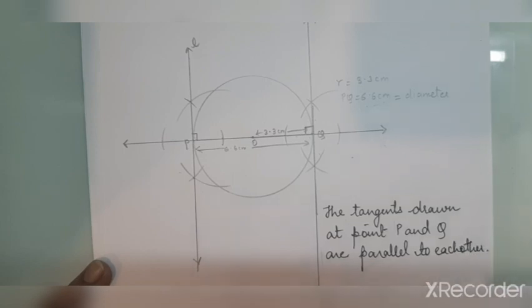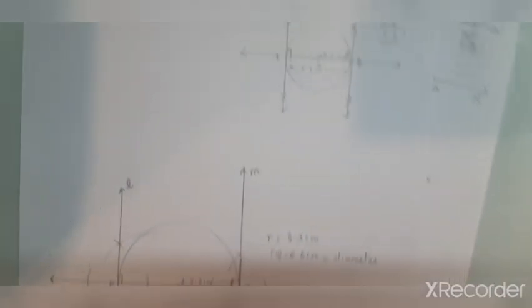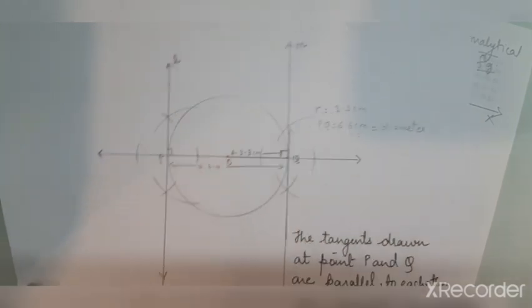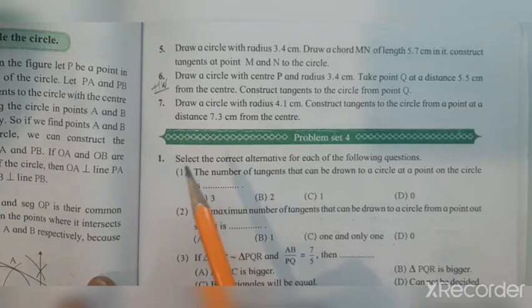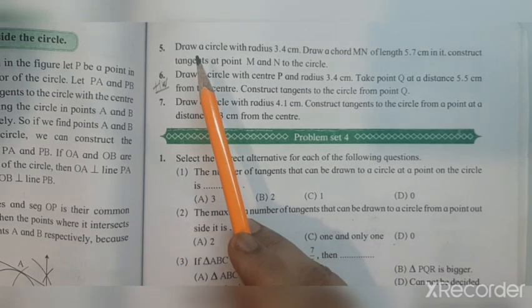Clear? So we are going to draw the analytical figure, we'll draw the actual construction, and we're going to write this answer. Now let's look at sum number 5.